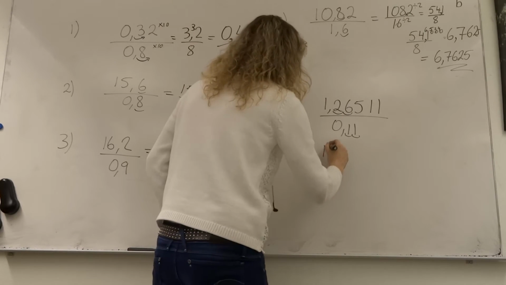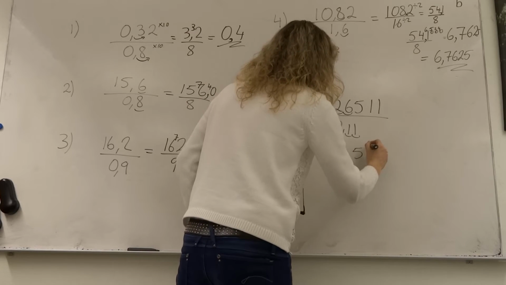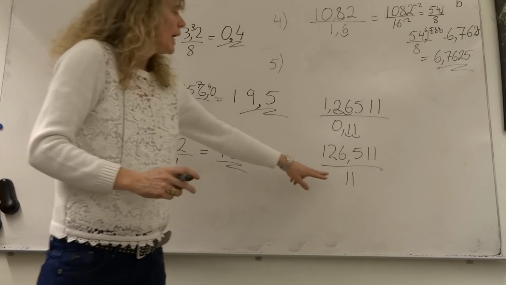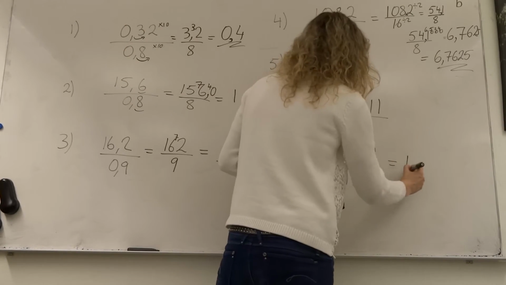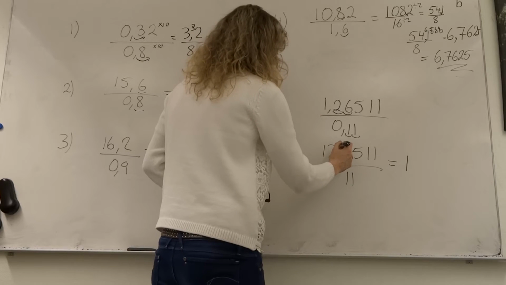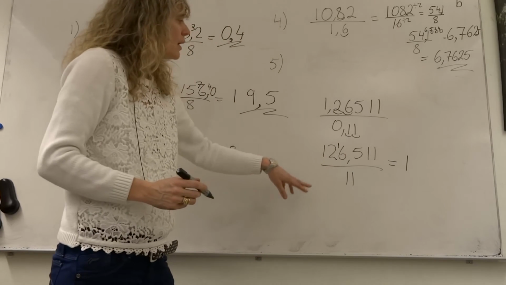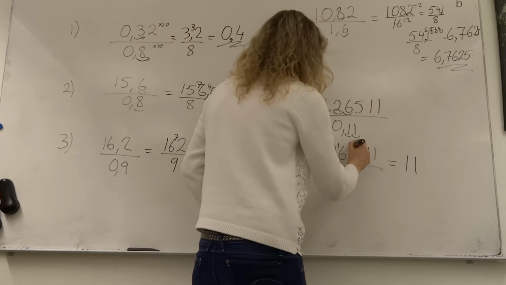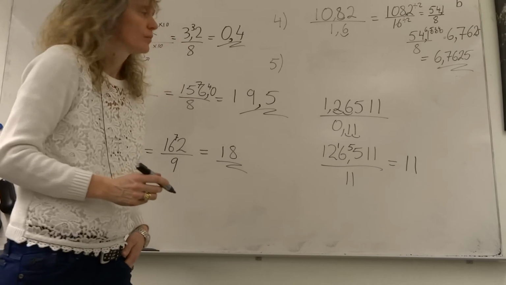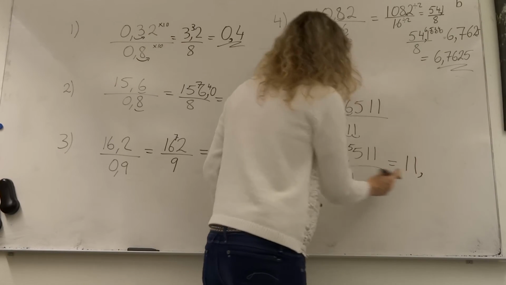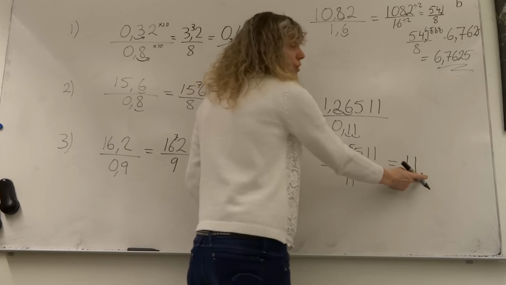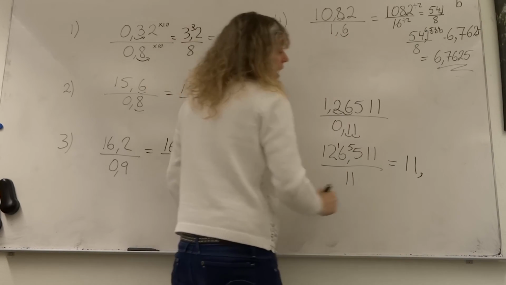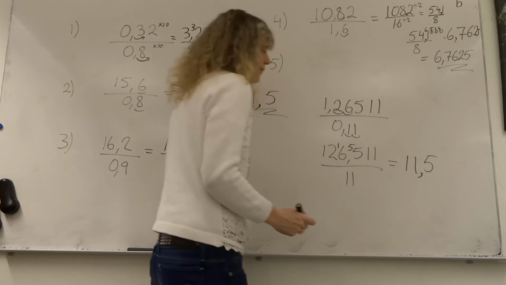We get 126.511 divided by 11. 11s go into 12 one time, and there's 1 left over. 11s go into 16 one time, 5 left over. Decimal point in the same place. So before I do the 55, I make sure I put my decimal point in the same place in the answer. 11s go into 55 5 times.